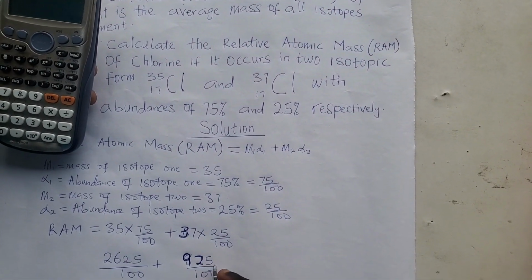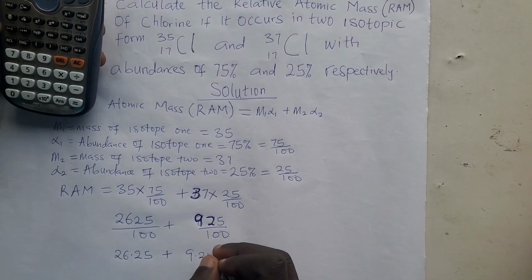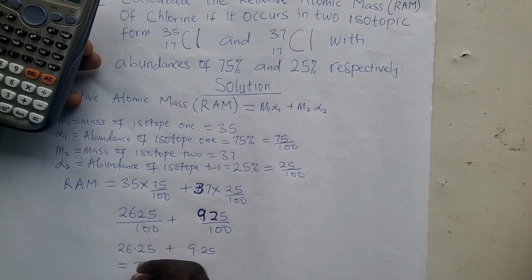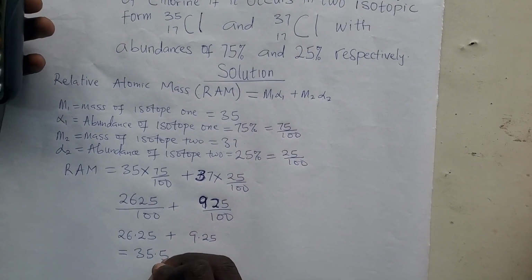So this 925 divided by 100 gives us 9.25. So 9.25 plus this, if you add them together, it gives you 35.5. So our final answer is 35.5.